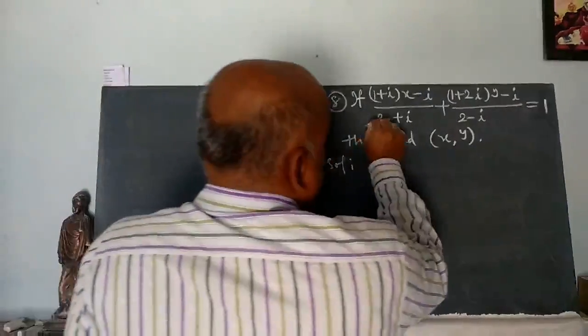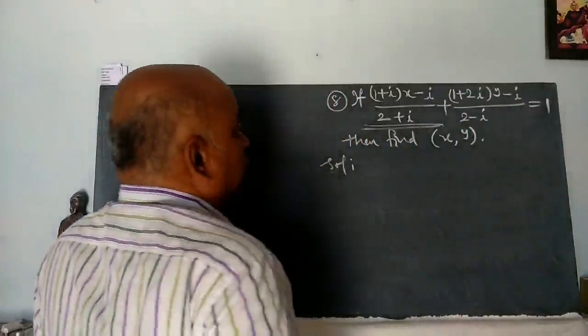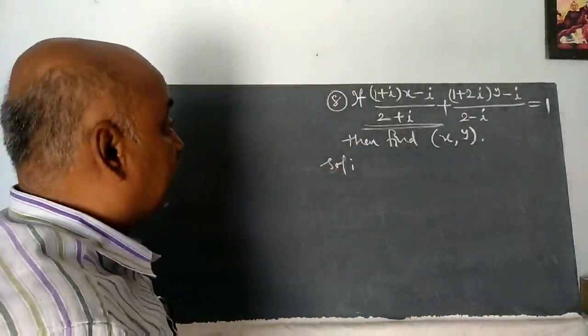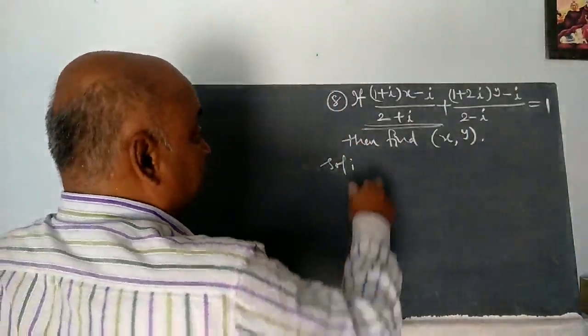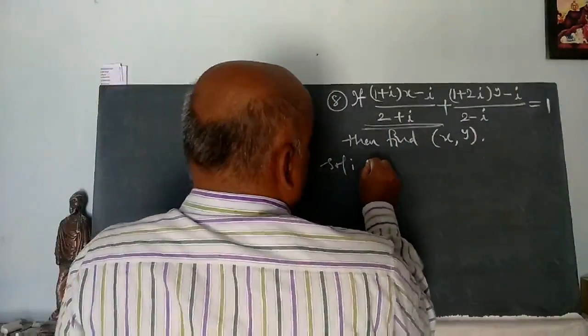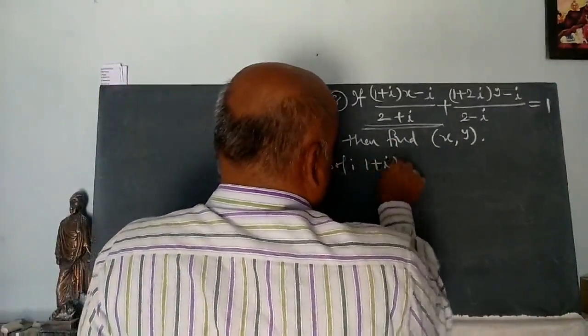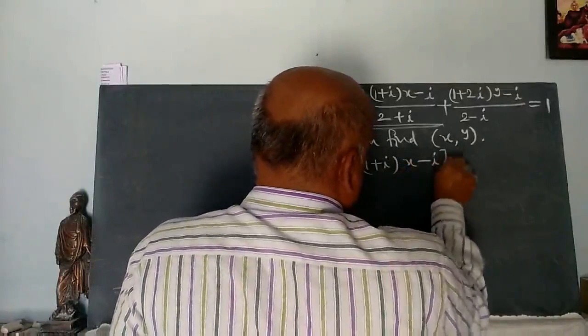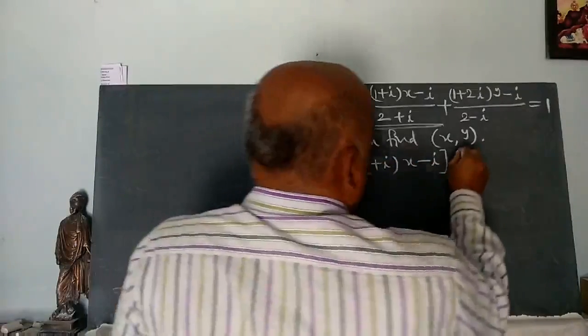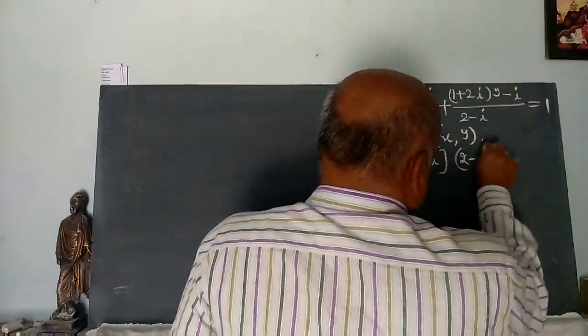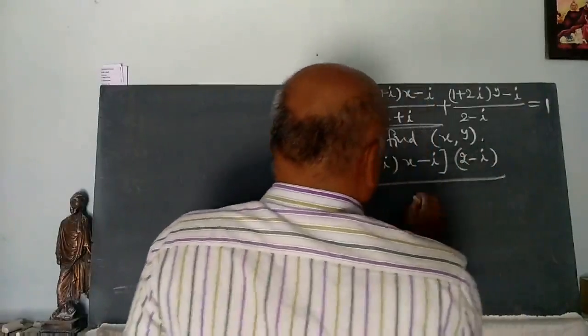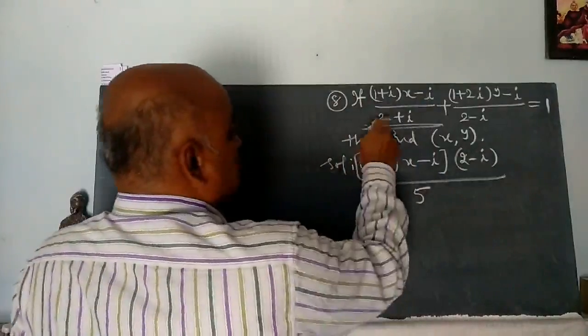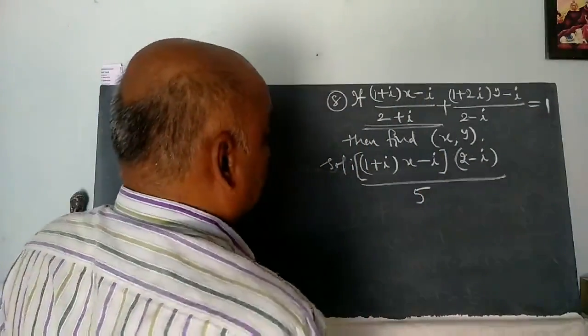Consider the first term. I am multiplying and dividing by the conjugate of the denominator. So this will be (1 + i)(x − i)(2 − i) by 5, since (2 + i)(2 − i) is 5.